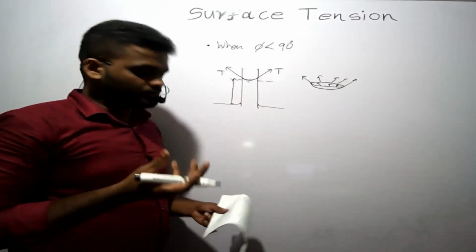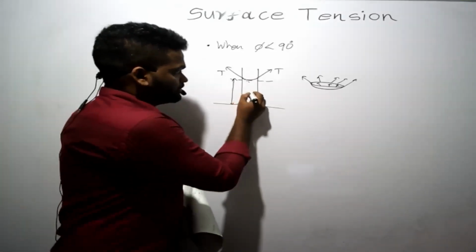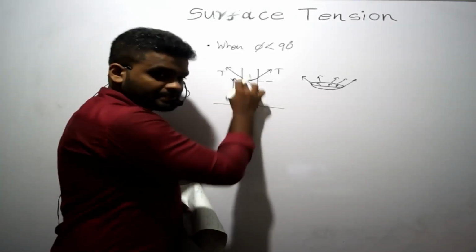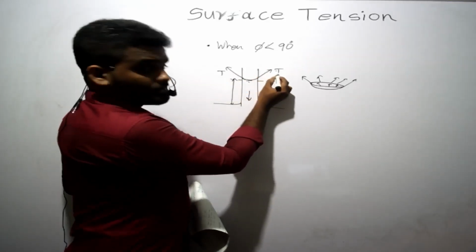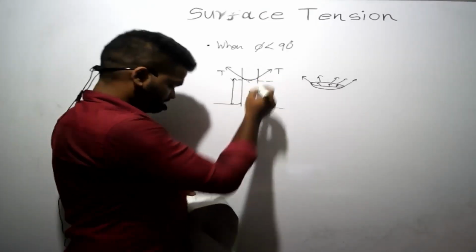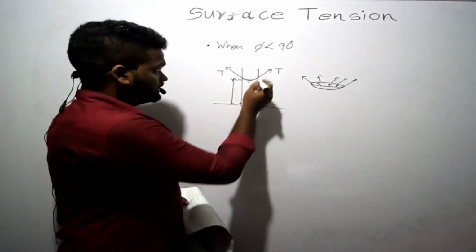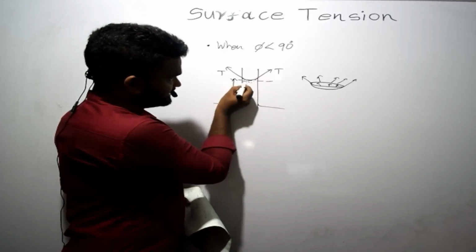So how do we do the force equilibrium? We know that the weight of this water column is downwards. So we have to take the vertical components of surface tension forces. What is this angle? This angle is the contact angle, right?